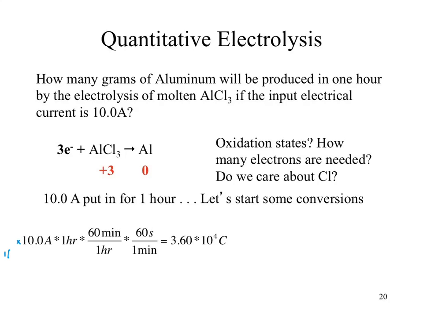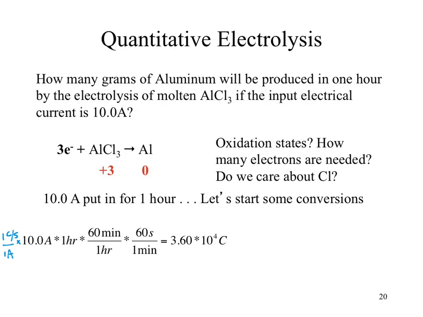One amp is equal to 1 coulomb per second. So our amp unit can cancel out. We then have coulombs per second, but we have time in hours. So to get our units to match, what do we have to do to our hours? We have to convert our hours into seconds.